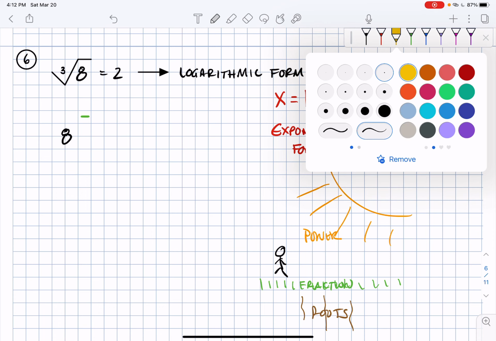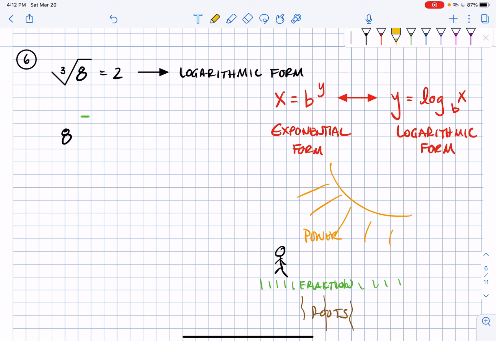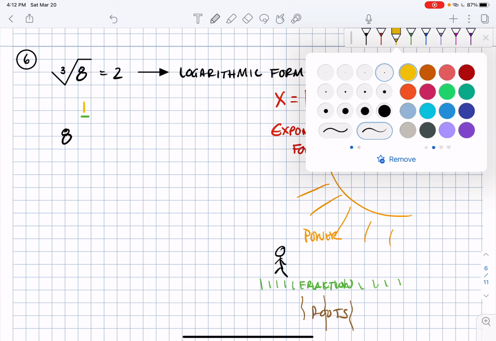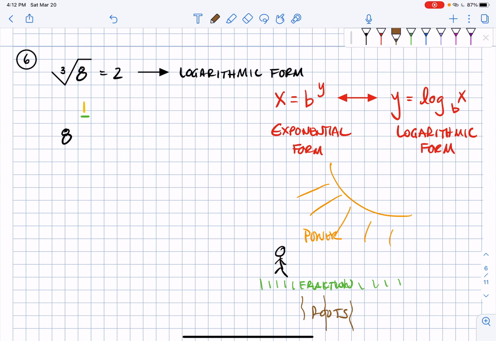My 8 has a power of 1. What is the root? The root is also the index, which is the 3. So 8 to the 1/3 is actually the same as the cube root of 8, which is now equal to 2.